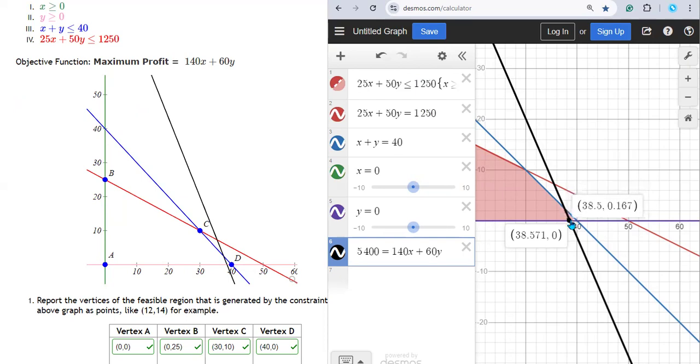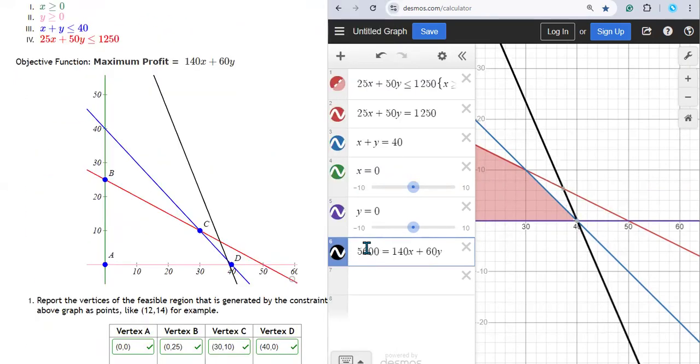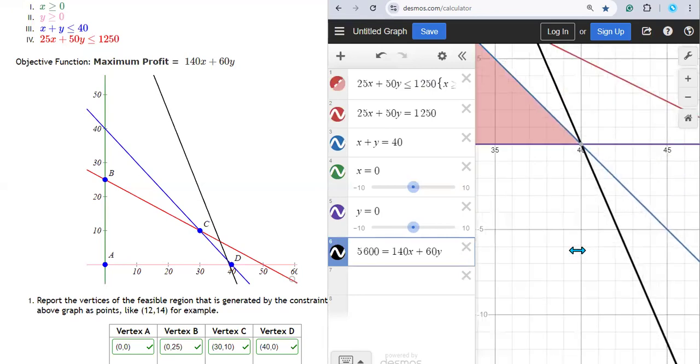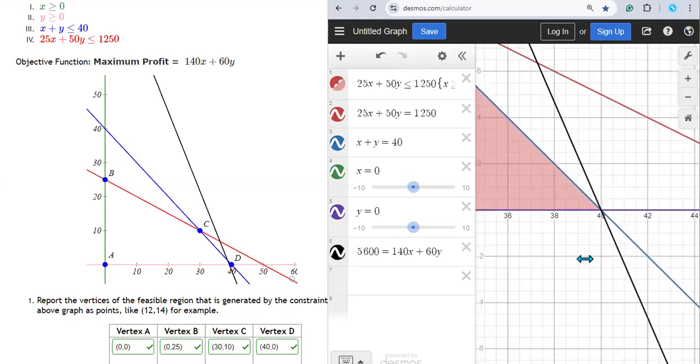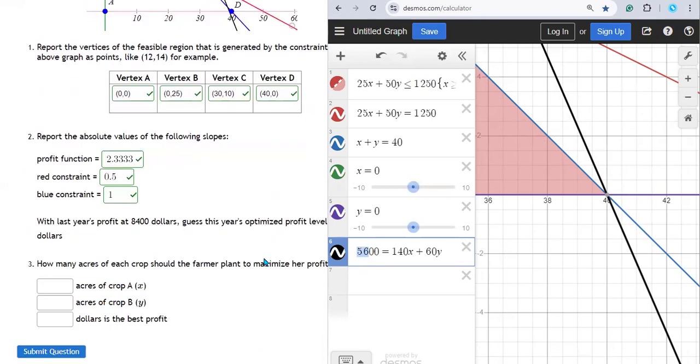So profits could actually be higher. And I'll demonstrate why. So let's try 5,600. We'll zoom in. It looks like this black line is just touching point D when the profit is 5,600.